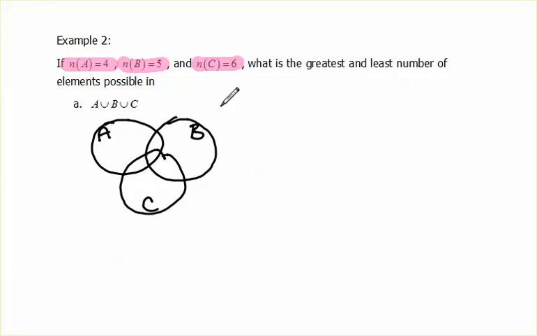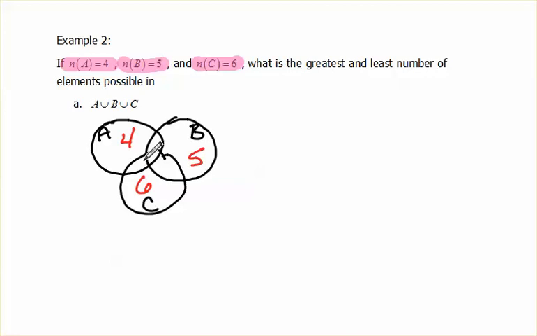But it's very possible that these 4 items in set A are only in A, and these 5 items in B are only in B, and the 6 items in C are only in C, and there's nothing that overlaps. That's very possible.